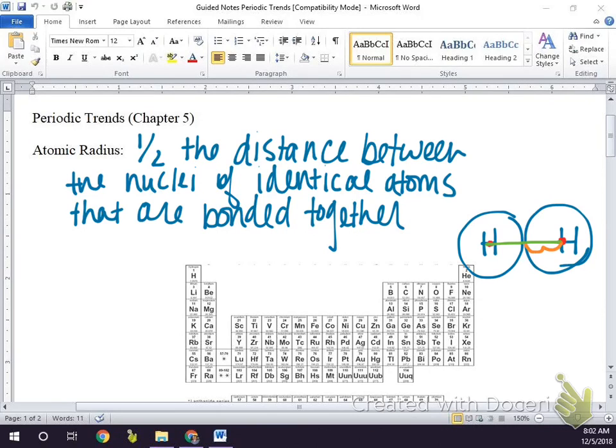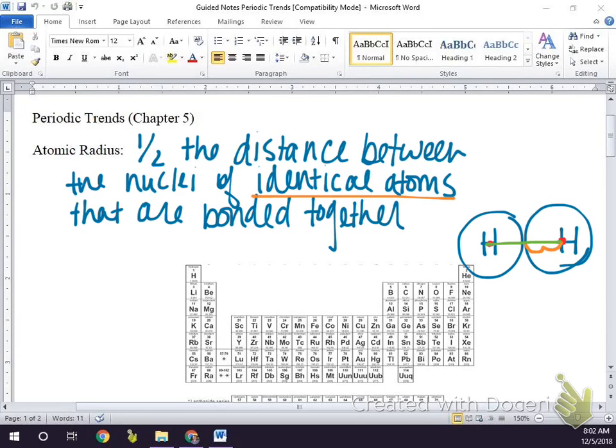Why do you think it has to be written that it's two identical atoms that are bonded together? Why could it not be two different atoms? Yeah, perfect. Different atoms have different sizes.